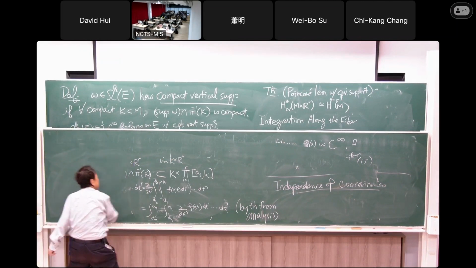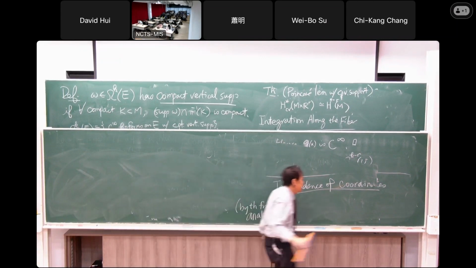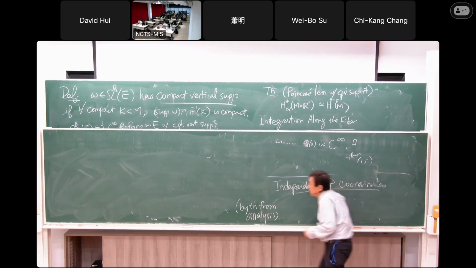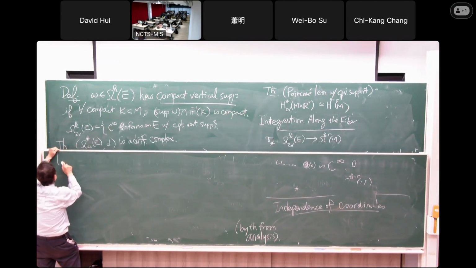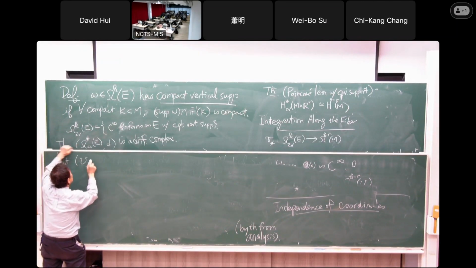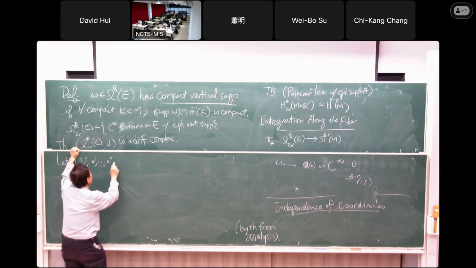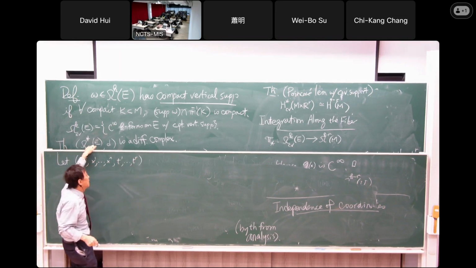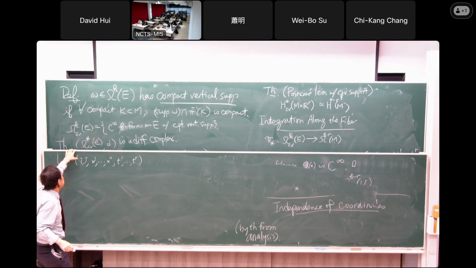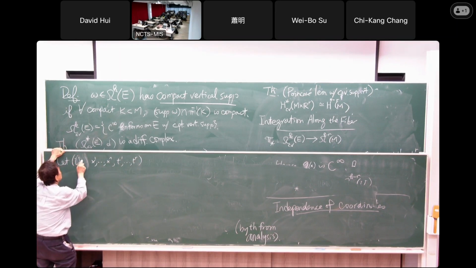All right. So now, let's say U, x1 to xn be a chart, and then you have t1 to tr. So this is, say, on U cross R to the r.